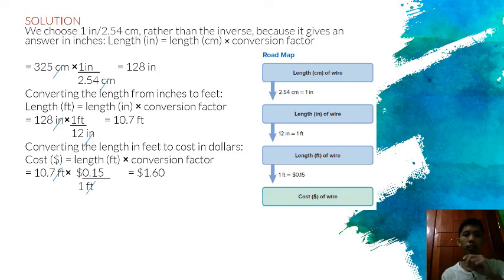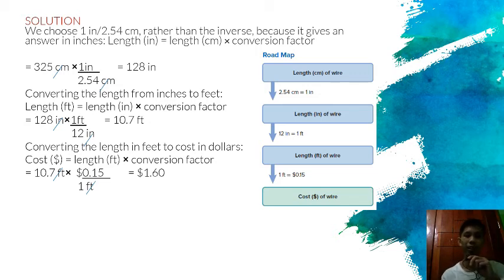Solution: we choose 1 inch over 2.54 centimeters rather than the inverse because it gives us an answer in inches. Length in inches is equal to length in centimeters times conversion factor. So we have 325 centimeters times 1 inch over 2.54 centimeters, since in 1 inch there is 2.54 centimeters, which is equal to 128 inches.